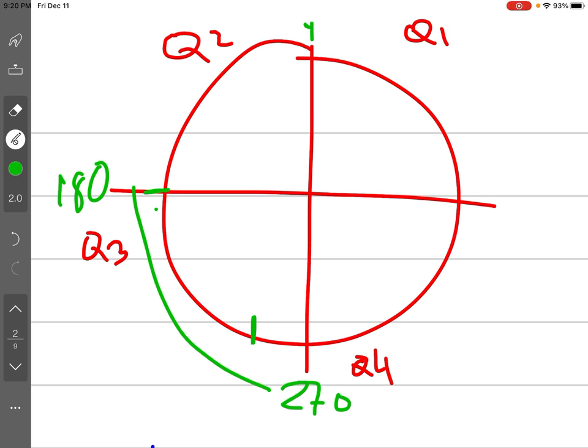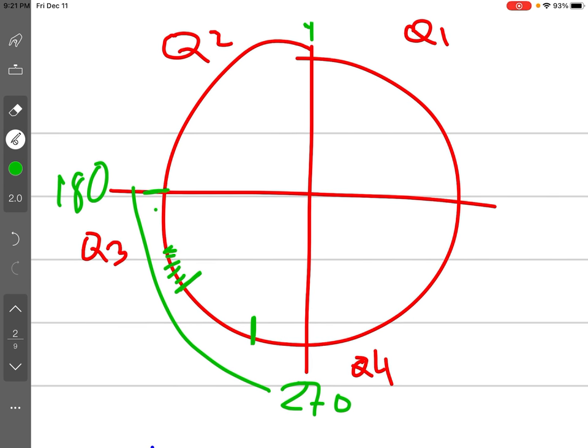Then somewhere here is 225. If it's 220, it's a bit before 225, so you count 5 back, and it's somewhere here.